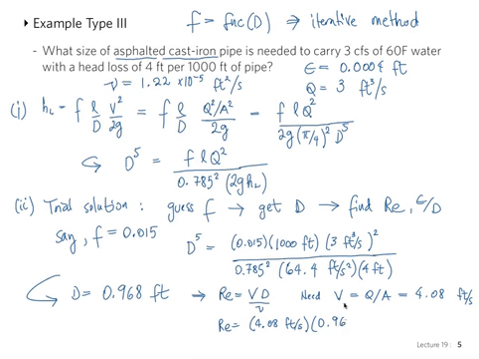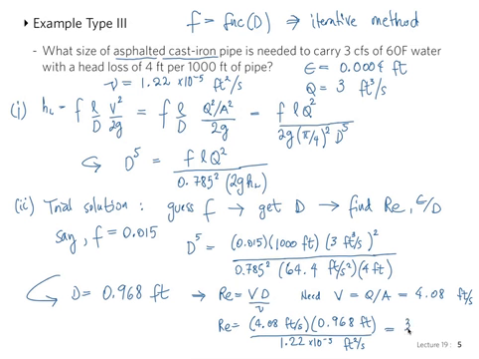That was our first tip to do better on exams. That's the diameter. Nu is 1.22 times 10 to the minus 5 feet squared over second.